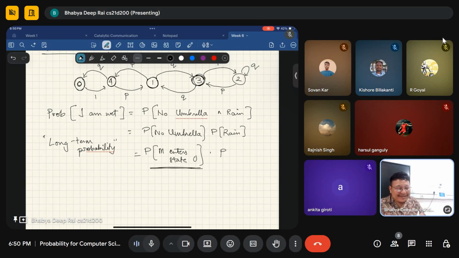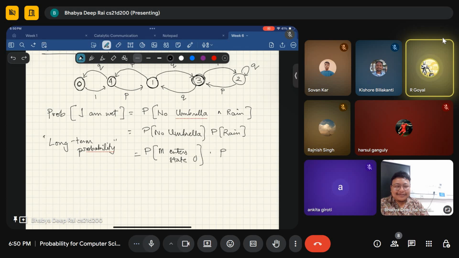But what is the probability that M enters state 0? Now it's about long-term probability, as you run the Markov chain. What happens about distributions? The probability of M entering state 0 would be the probability that M enters state 4, and then from 4 I make a transition to 0.